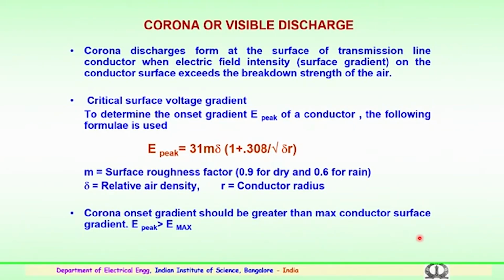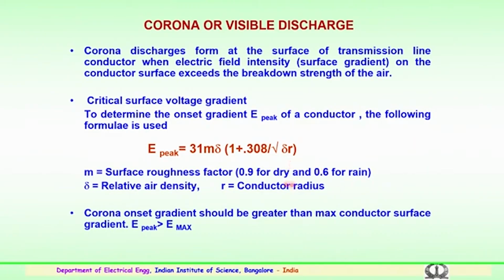So, to determine the onset gradient, that is the inception gradient E peak of a conductor, the following formula is employed. This E peak, the onset or inception gradient, is equal to 31 m delta into 1 plus 0.308 divided by root of delta r.